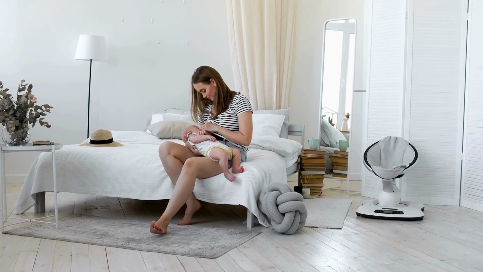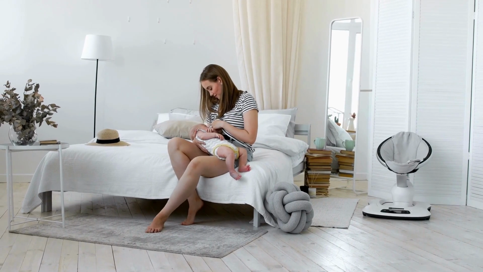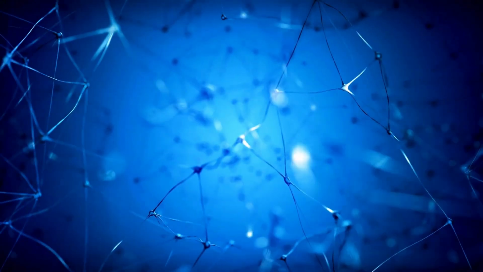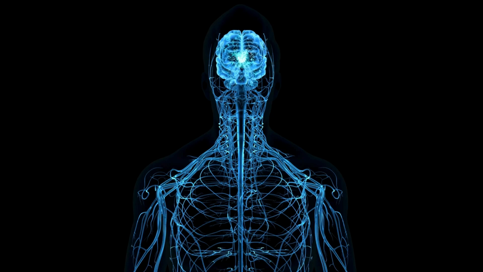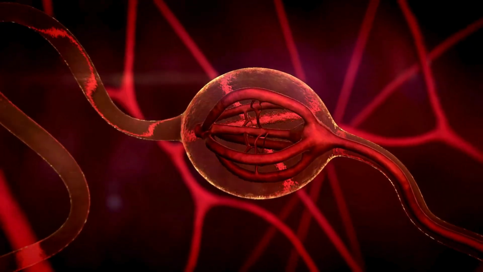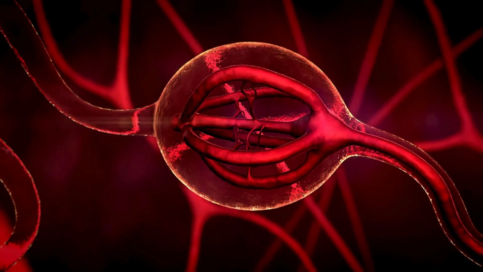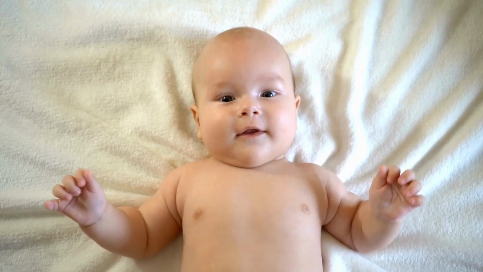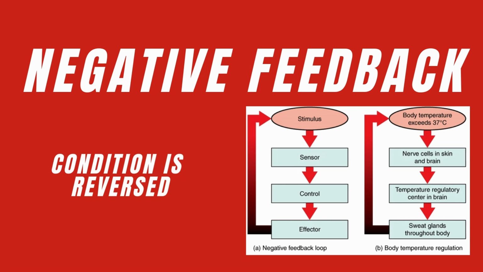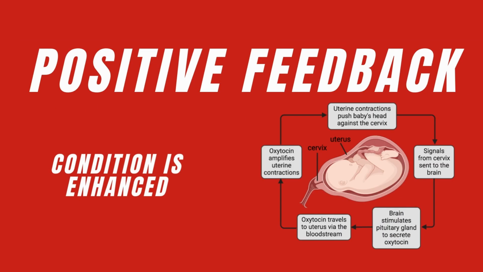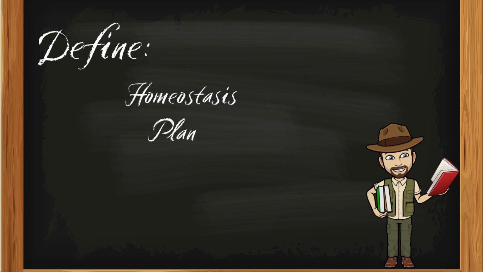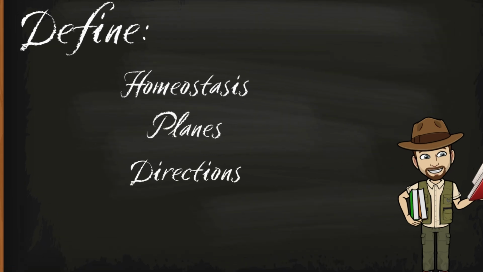For example, when a nursing mother's nerves receive the stimulus of a nursing baby, these receptors will send a signal to the brain, which will send a signal back to the effectors, which in this case are the glands that produce prolactin, and they increase the production of this hormone, which produces more milk for the baby. Negative feedback loops reverse the condition. Positive feedback loops enhance.